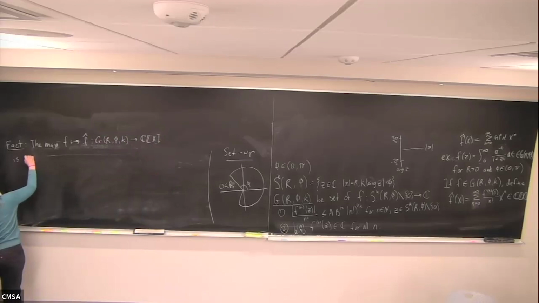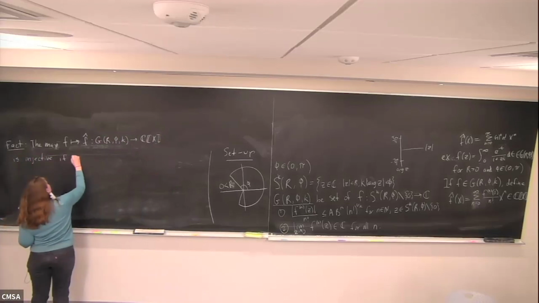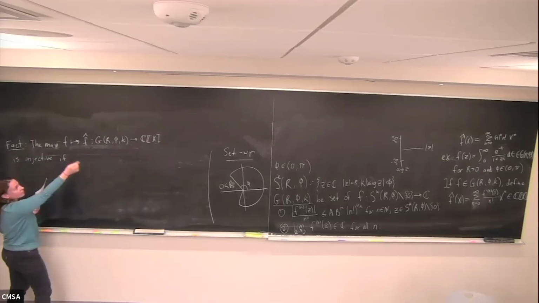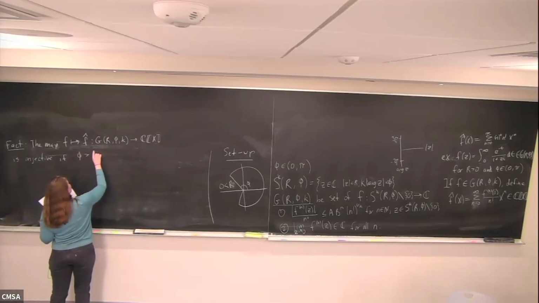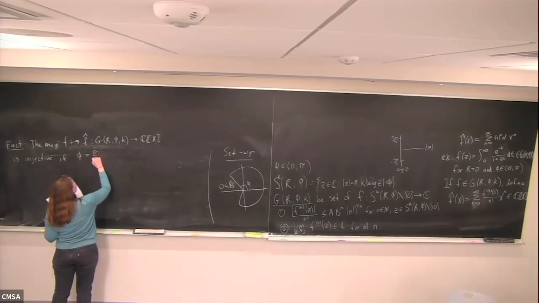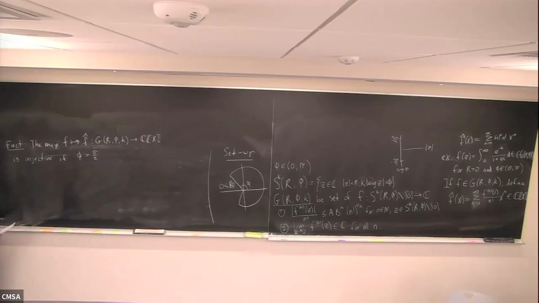So this map is injective. It's also a differential ring homomorphism, and it's injective if the angle is bigger than pi over 2. And this comes from a theorem of Watson and Nevanlinna about recovering a function from the Borel sum of its asymptotic expansion.